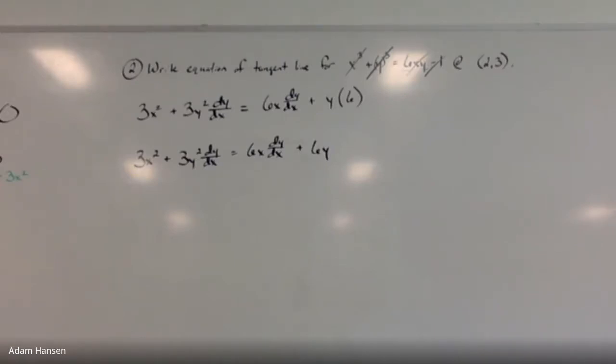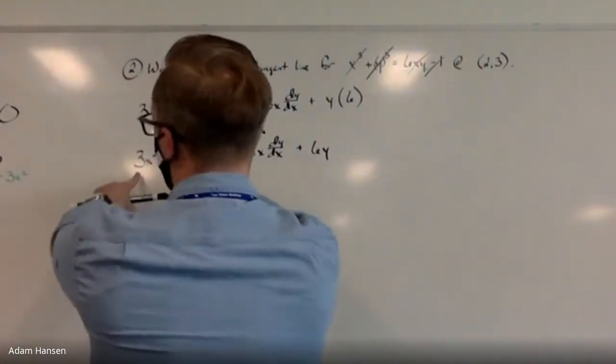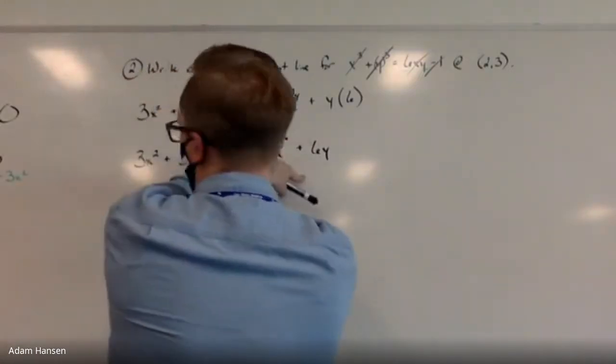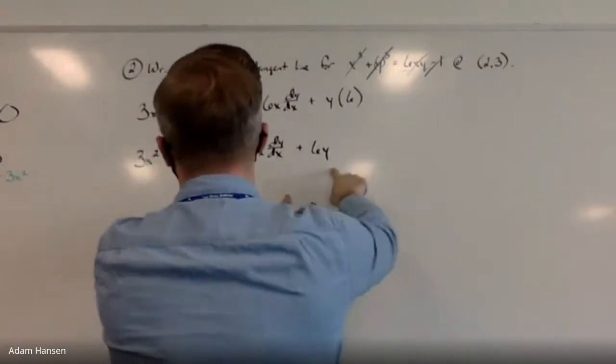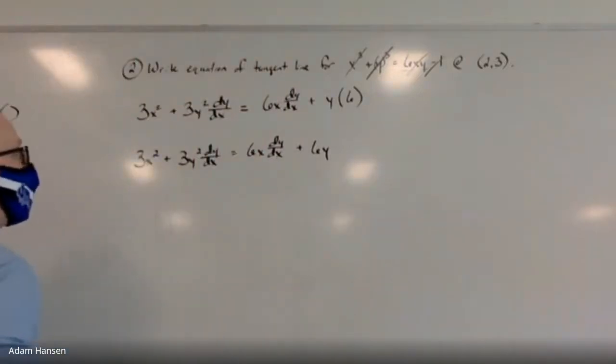And we subtract the 3x squared and subtract the 6x dy/dx. So you're moving this dy/dx term over here and moving this non-dy/dx term over. Yeah. Okay, so you're going to put all the dy/dx's on the left and all the other pieces on the right. Okay. I'll buy that.